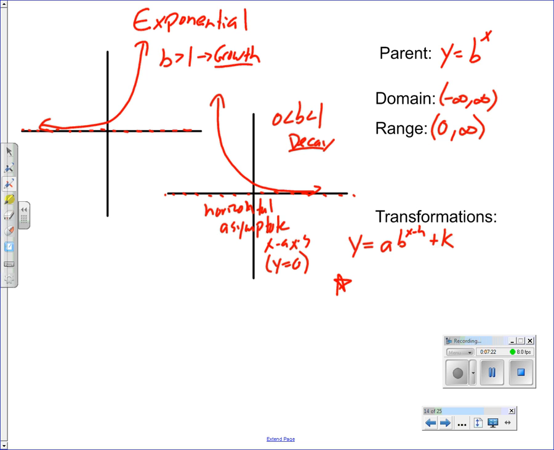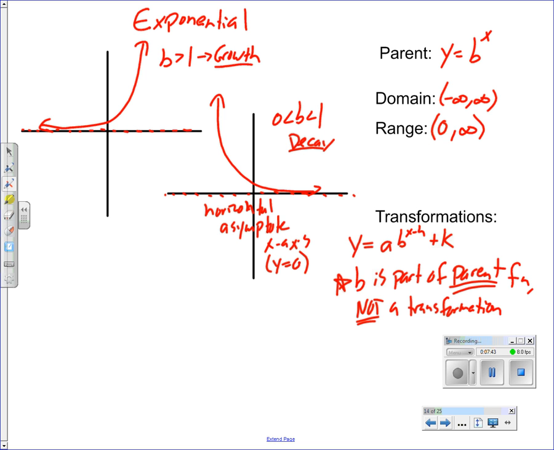Important note for these transformations on the exponential function, b is part of the parent function, so it's not a transformation. Whatever number is in the base is not a transformation, that's just part of the parent function.